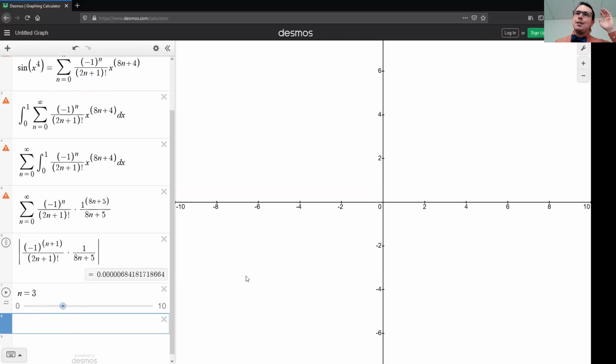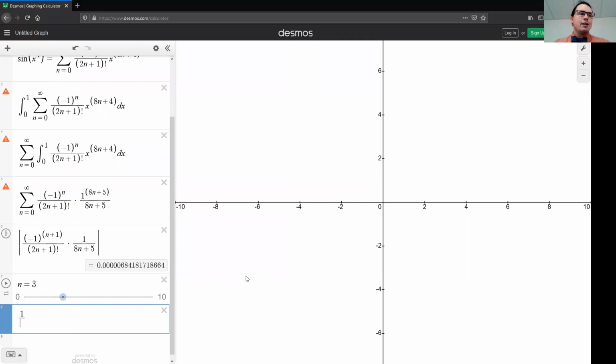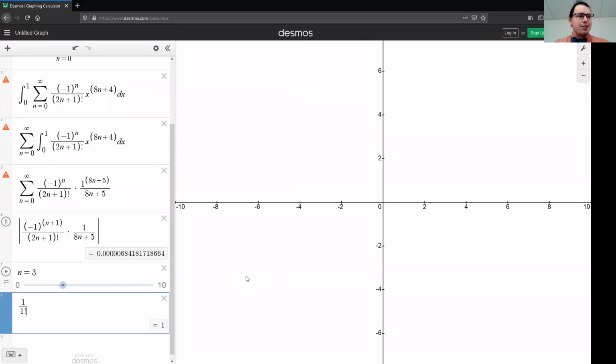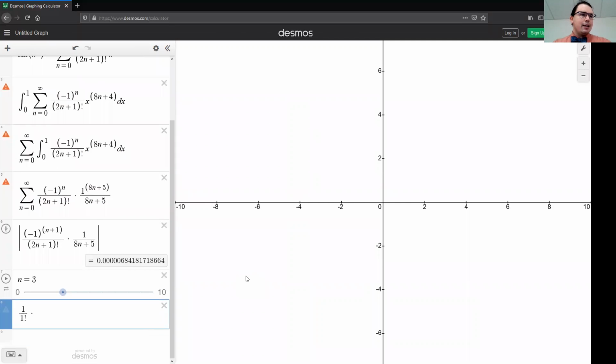Now, let's write that out. If n equals 0, my numerator will be 1. I'll divide by 2n plus 1, which is 1 factorial. And then I've got 1 over 8n plus 5. If n is 0, then this will be over 5. Okay, that's my number 0 fraction.